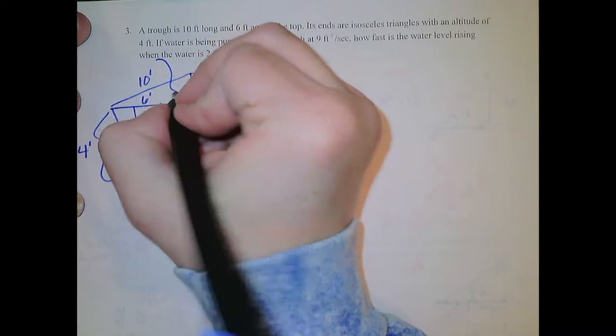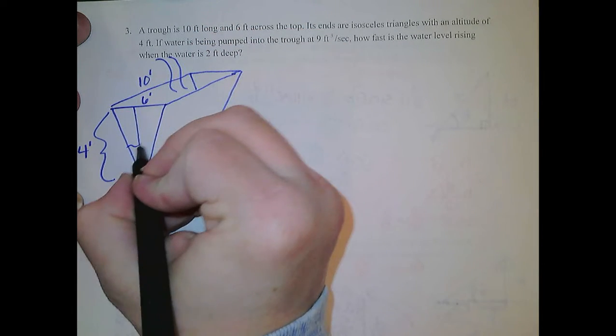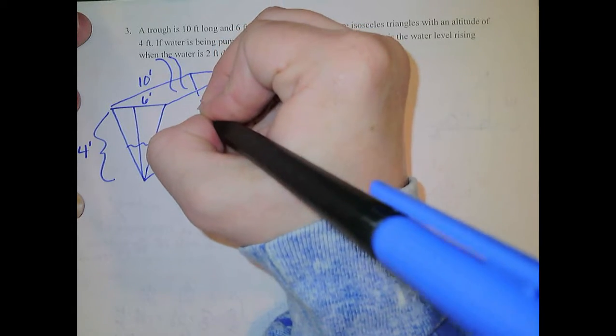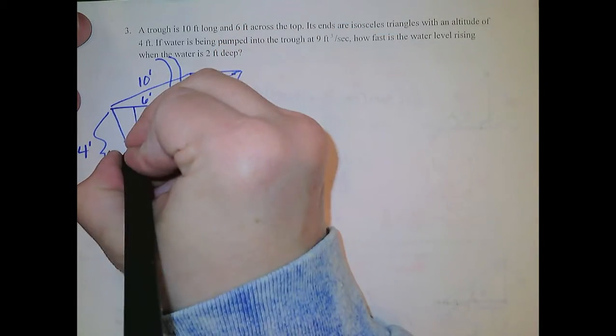And we have water that's being pumped into this trough. So we have water flowing into it, and some water in here. And that water is being pumped in at a rate of 9 cubic feet per second. That's the rate they have given us, so I'm going to write that down.